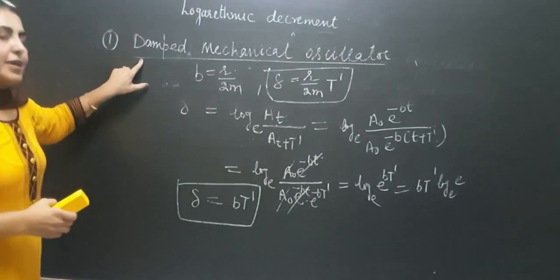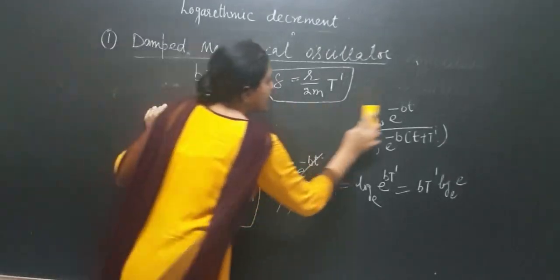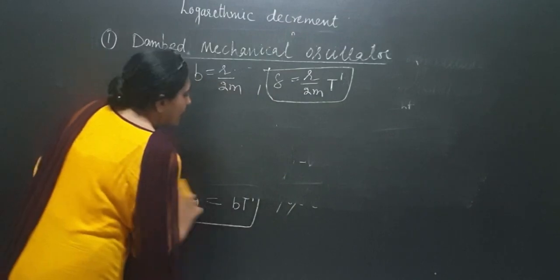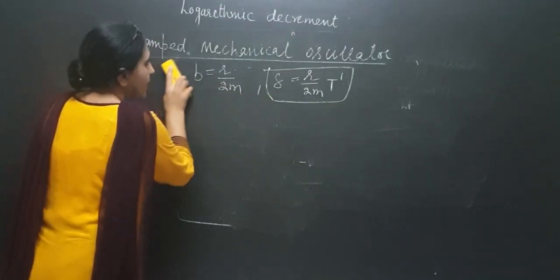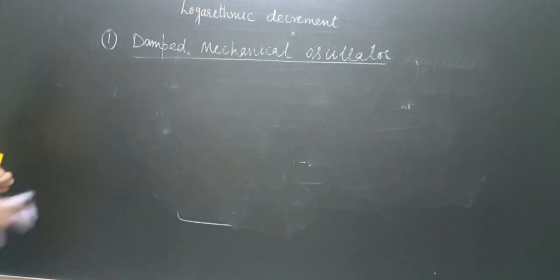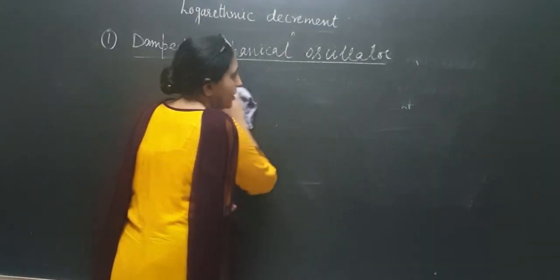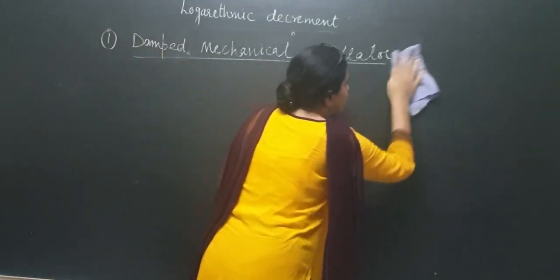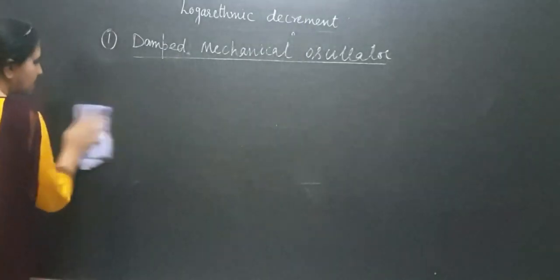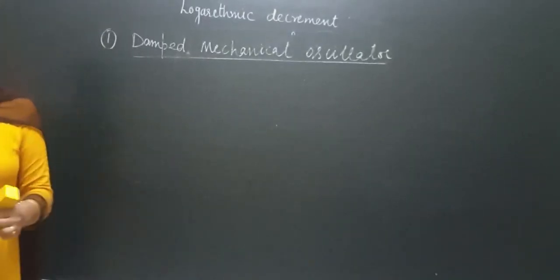Now in the case of an electrical oscillator, we have charge instead of displacement. Instead of displacement, we take the maximum value of charge, that is at t equal to 0.